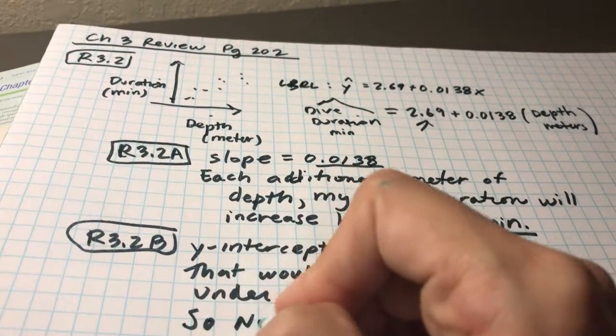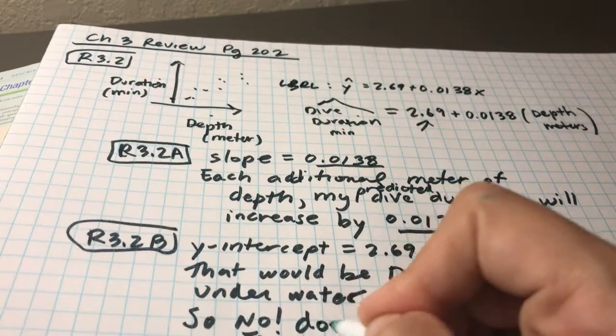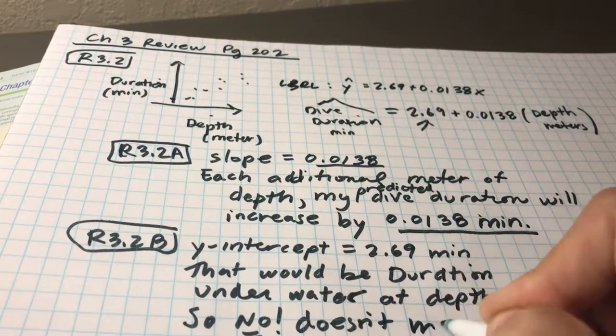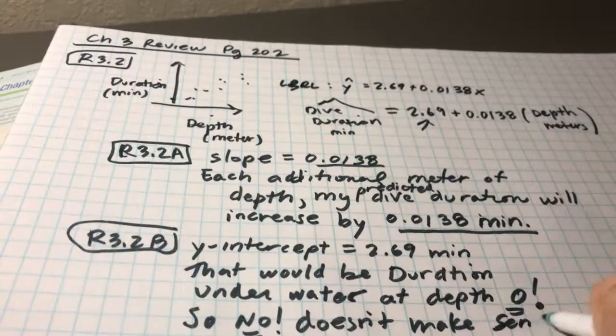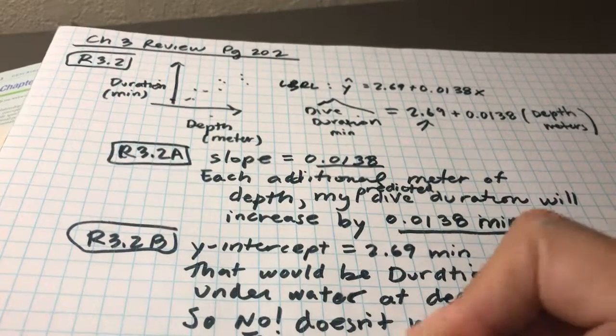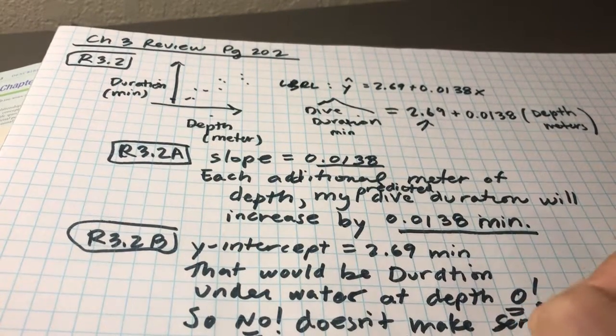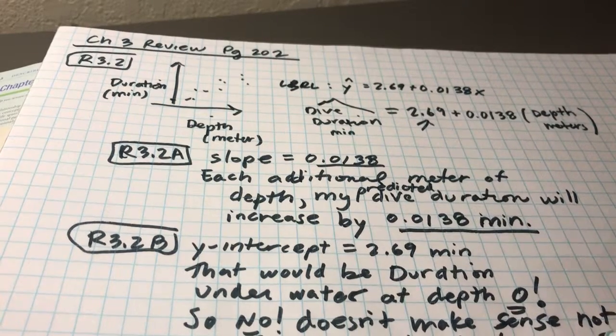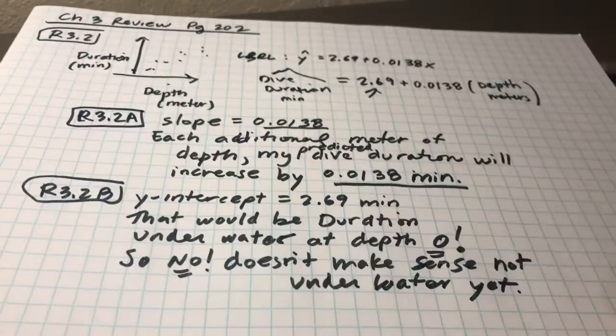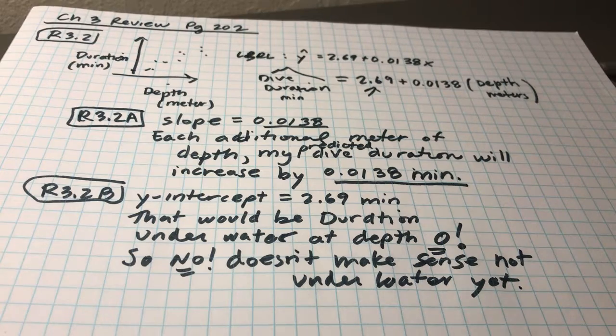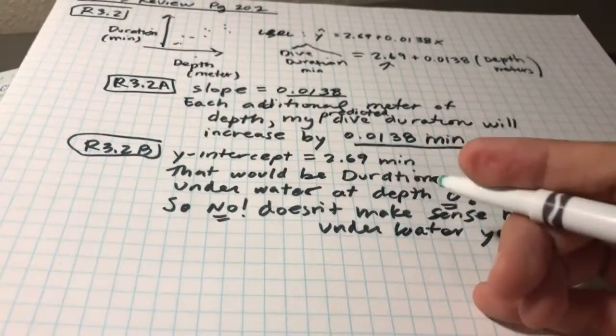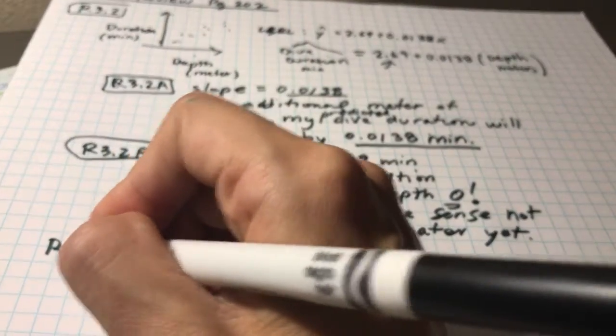So no, that doesn't make sense, because I'm not underwater yet. How can I be underwater when I haven't gone under the water yet? It doesn't really make sense. Sometimes it makes sense, sometimes it doesn't. Okay, we press on. What would C be?